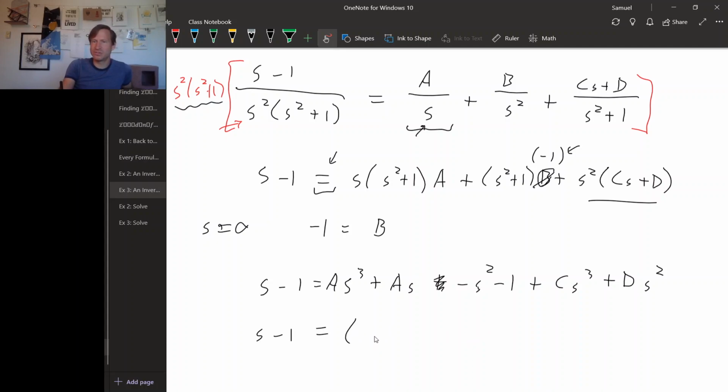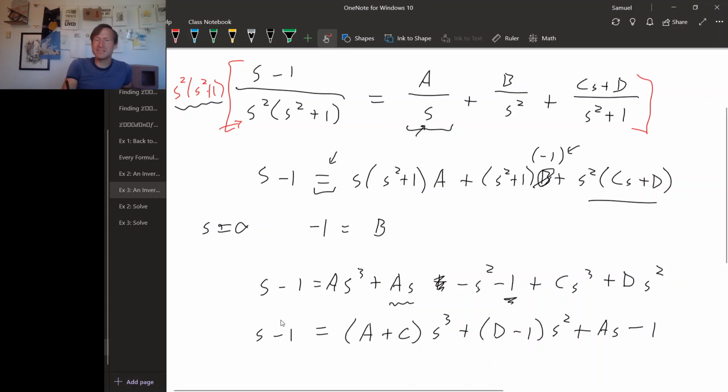For our s cubed terms, we have a plus c times s cubed. For our s squared terms, there's a d and a minus 1, so that times s squared. For our s terms, it looks like there's just one of them, just this a times s here. And for our constant terms, there's only one constant term right here, minus 1.